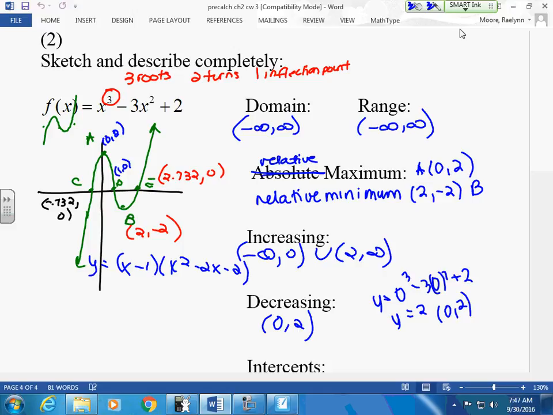There's my y-intercept. Now the x-intercepts are your factors. So I gave you the factors, and we're going to set your y equal to 0 and factor these guys. I'm not going to make you do the whole thing. I just want to walk this through with you.